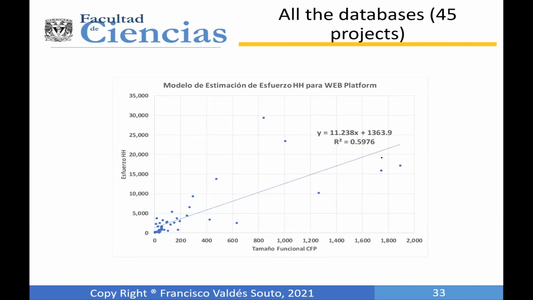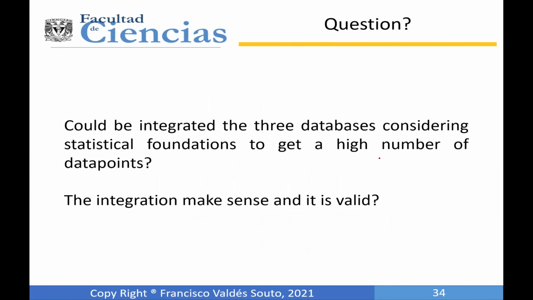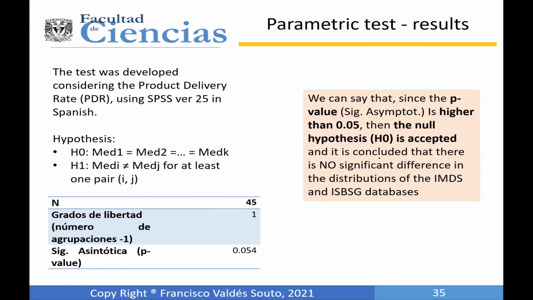Integrating the databases without making the parametric test. After we make the parametric test, we get that the p-value is a little bit higher than 0.05, so we can accept that.